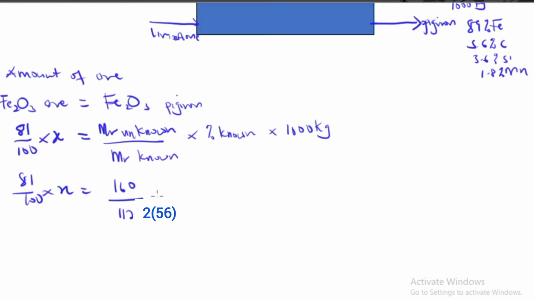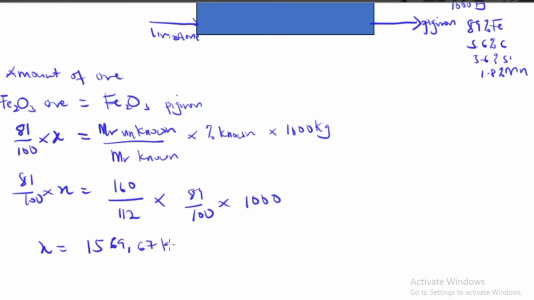Then we multiply by the percentage of the known, 89%, so 89 over 100, then times the mass of the pig iron, which is 1,000. When you do it correctly, you get X to be 1,569.67 kilogram.